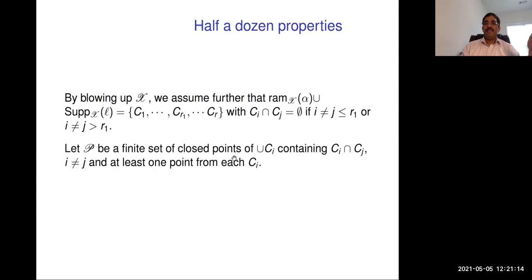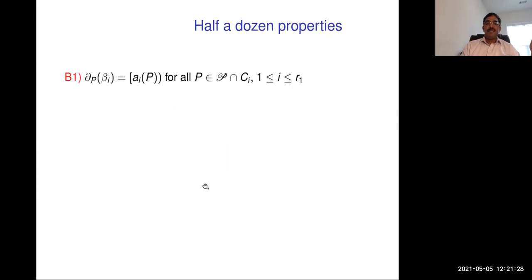Now let P be a finite set of closed points of the Ci containing all the Ci intersections Cj for i not equal to j, and at least one point from each Ci. Then there exist Ai, Bi in kappa(Ci) such that, so these are the half a dozen properties, the residue of the beta i is this. What is beta i? Beta i is a central simple algebra over kappa(Ci).